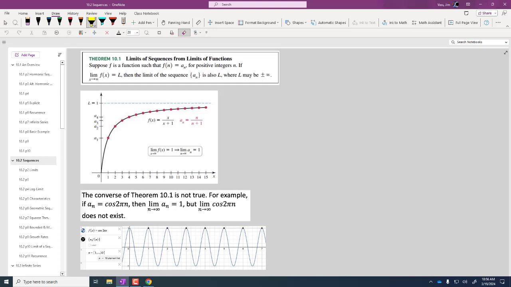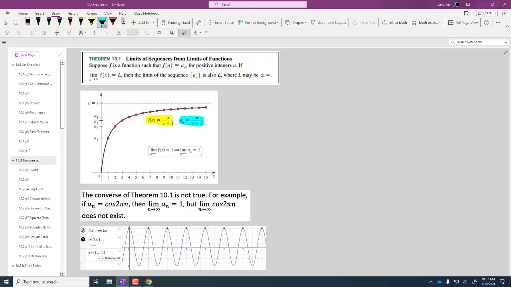So here is the continuous function. You can think of it like a parent function if you want, and the sequence function is a subset. The sequence function is literally just the dots, but that parent function includes all the space in between.